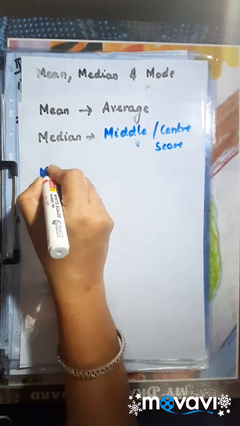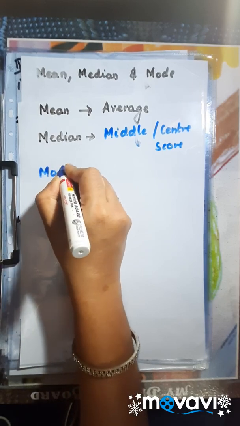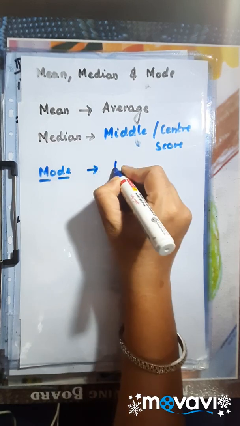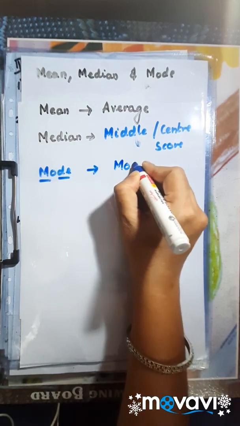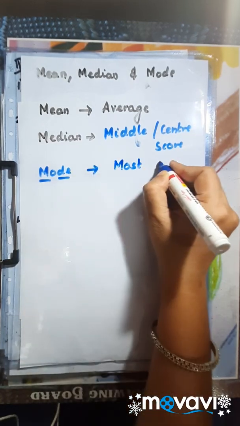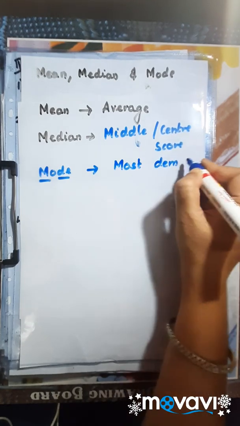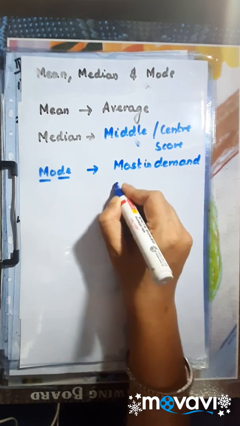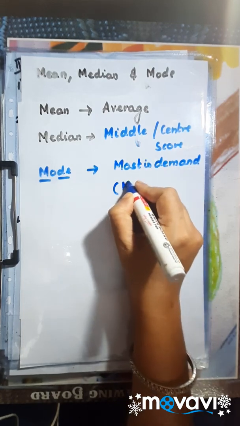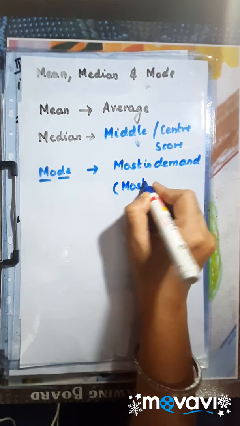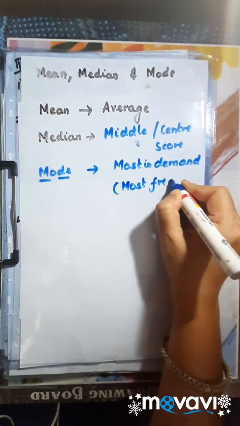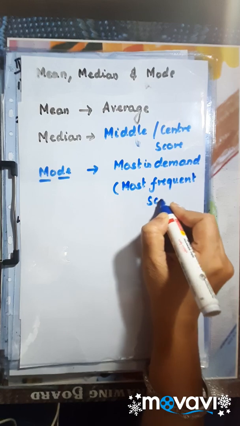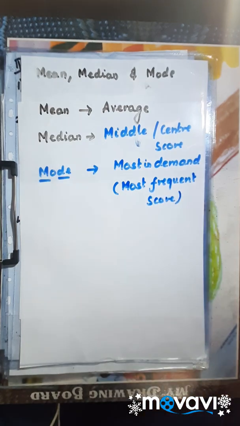And mode, so I always call it most in demand, or actually it is most frequent score. Okay, so I'll give you the formulae as we go by.